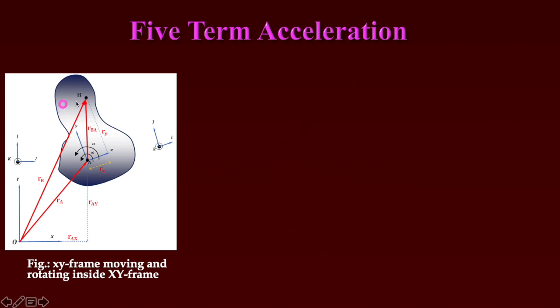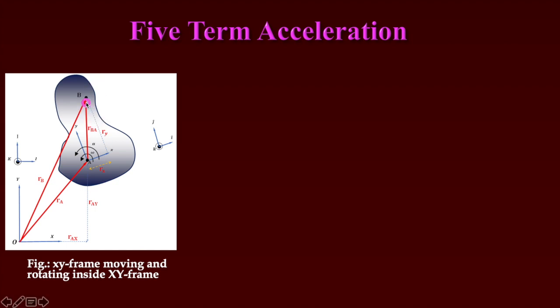Let us recall the rigid body that I have discussed in the last class. This rigid body or a slab is rotating with respect to a fixed reference system, and there is a moving reference system on the rigid body. This small xy is the moving reference system.